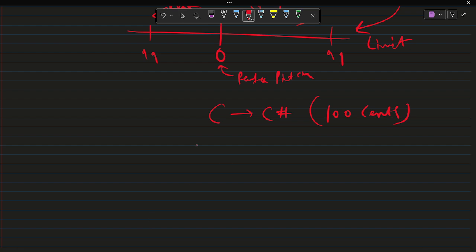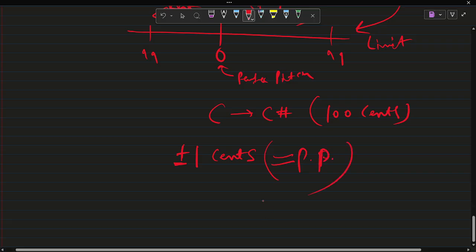So from here, if we are a trained singer, a trained vocalist, then plus or minus 1 cent from a note, if you cannot hit the perfect pitch, that plus minus 1 error is not so much. Okay. So this tends to the perfect pitch.